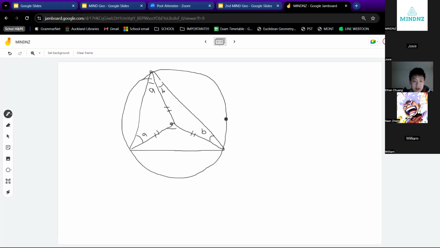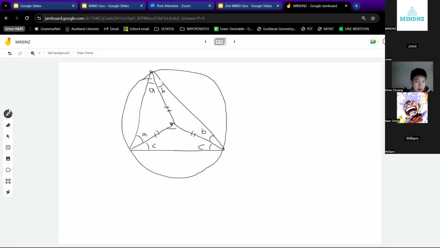And this angle is also angle B. So we also know that this angle here, C, these two angles are equal to each other. So then again, we can use the angle sum of the triangle.